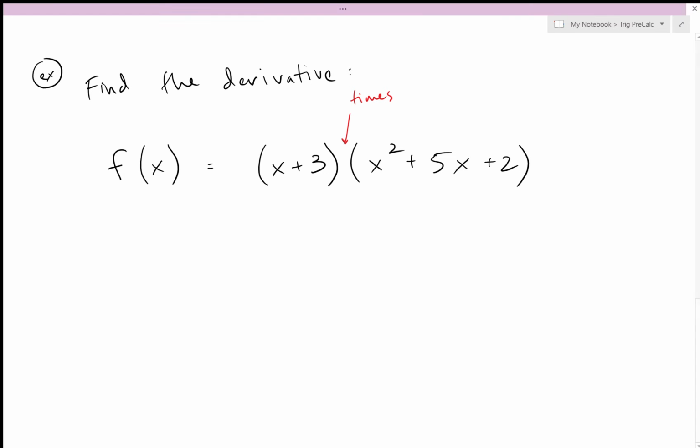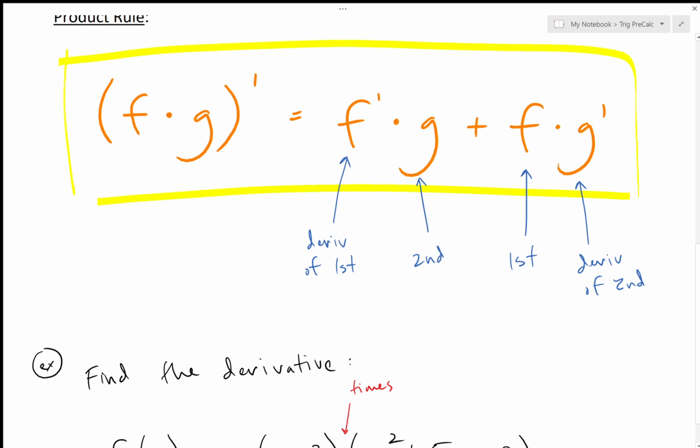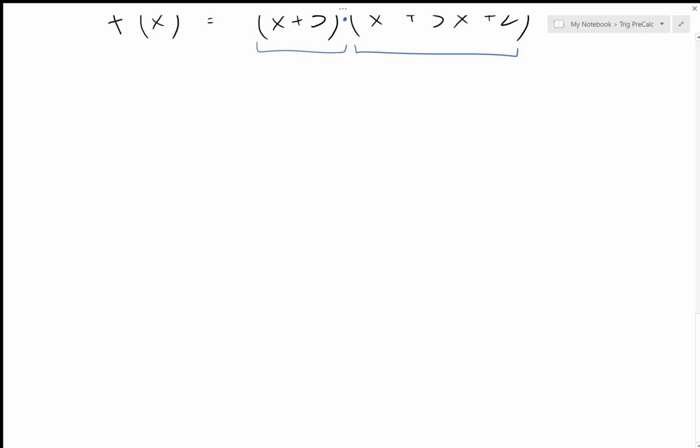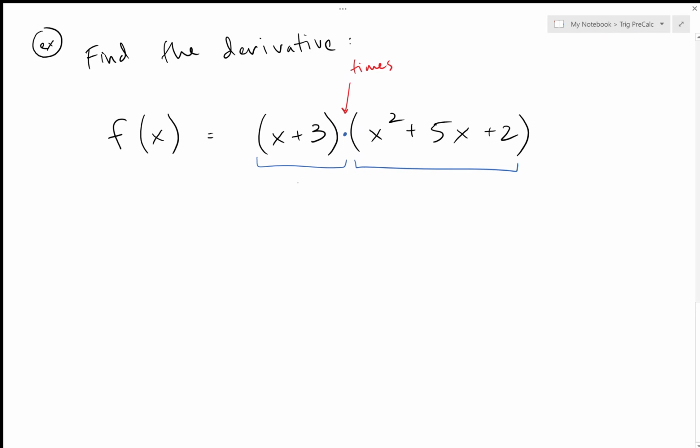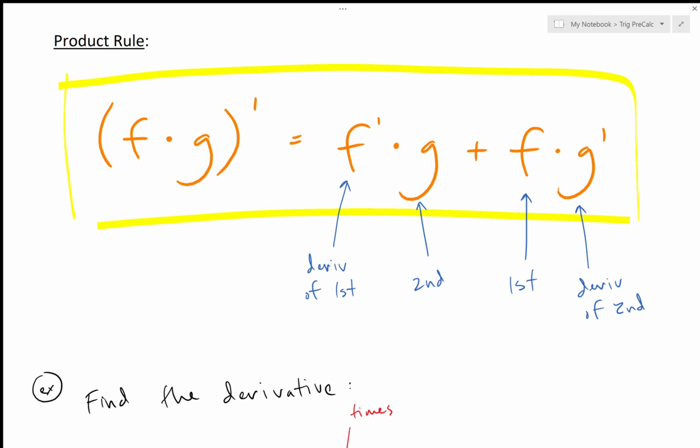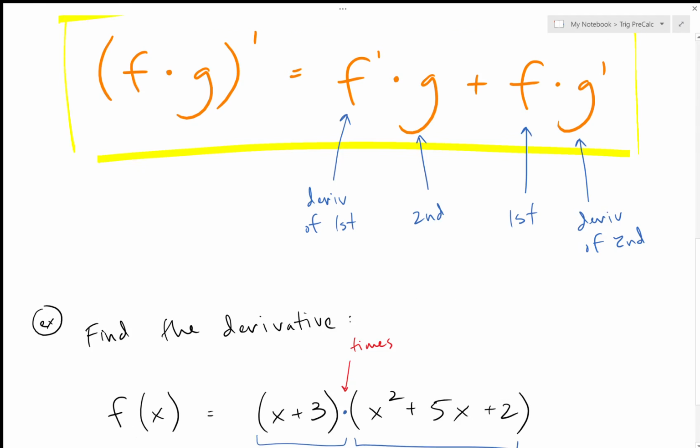So what that means is, this piece right here is the first piece, this is the second piece, and they're connected by multiplication. So in terms of the product rule, let's name these f and g. Okay? So the first part is f, the second part is g. What we want to do is follow this pattern here. Derivative of the first one, f, times g, plus regular f times derivative of g, the second part.